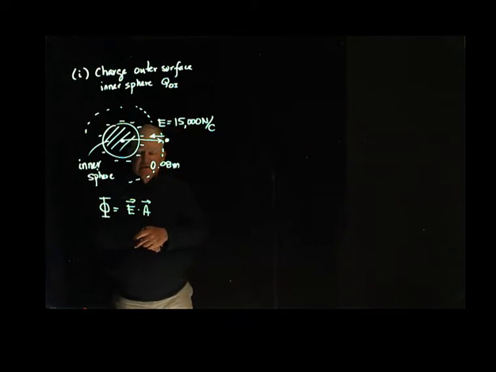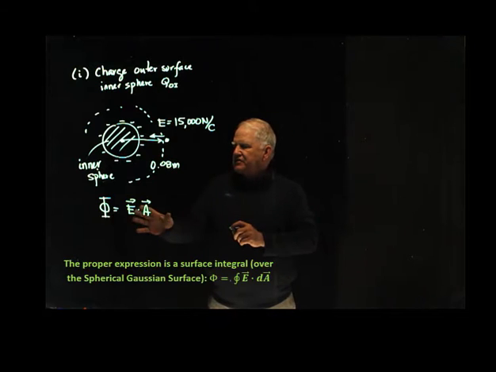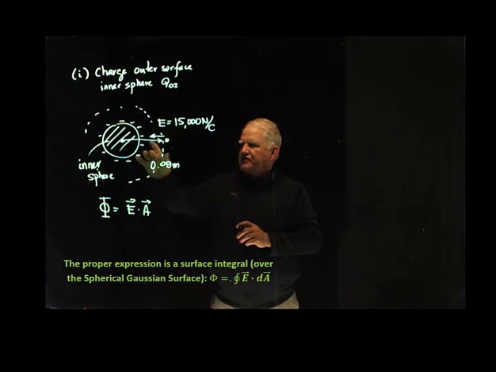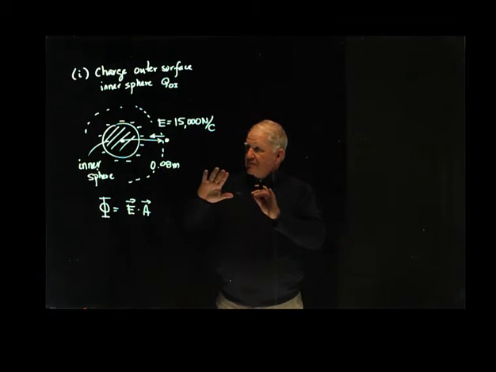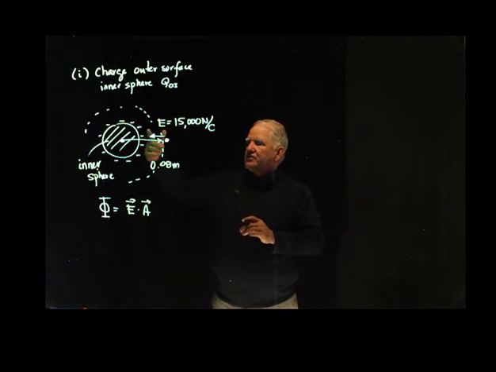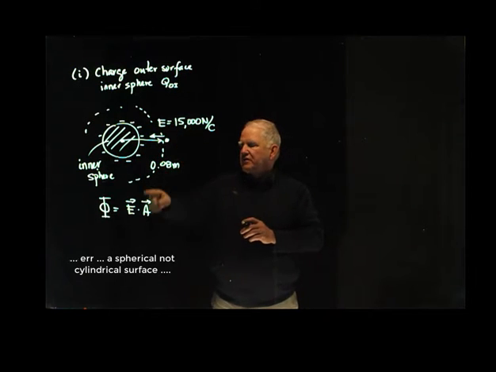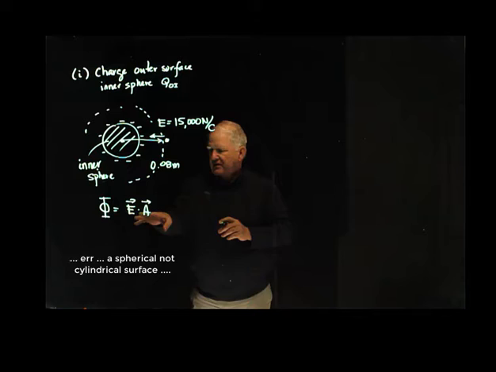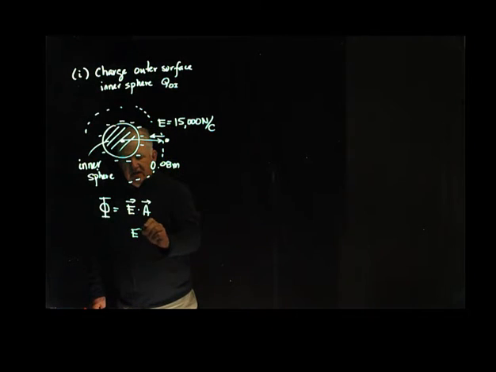I don't like that notation so much, but it is, at every point on the surface, the electric field dotted into the normal to the surface. So by virtue of using a spherical surface with a radially symmetric electric field, every place that you see E dot dA, what you really have is just EA.